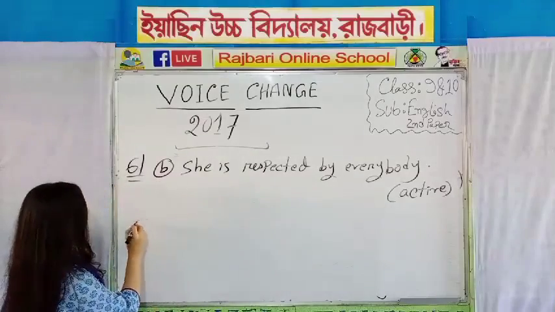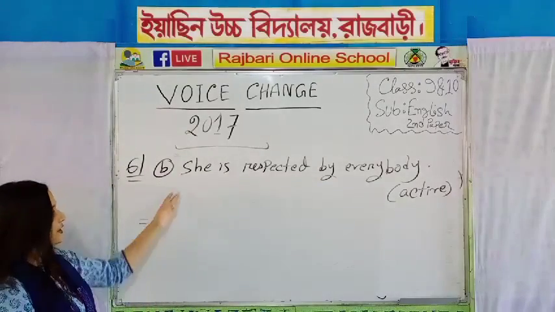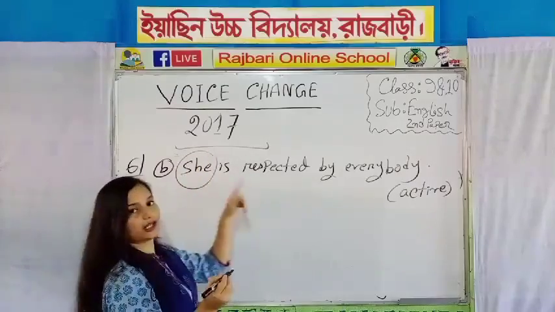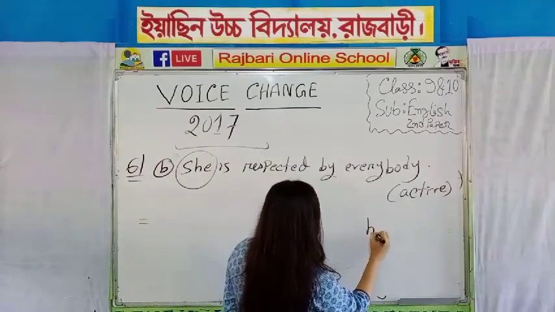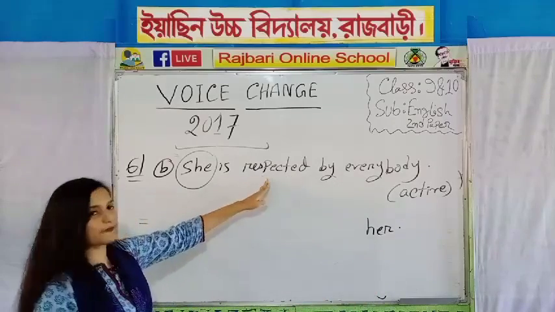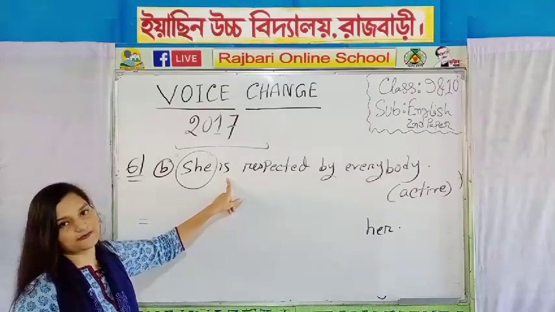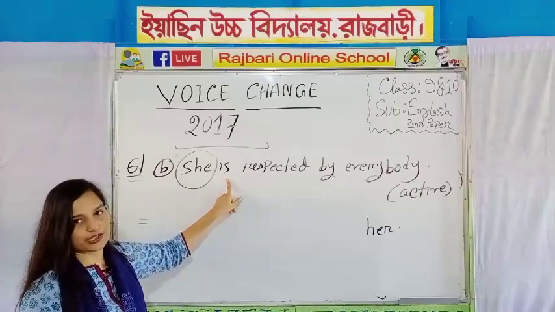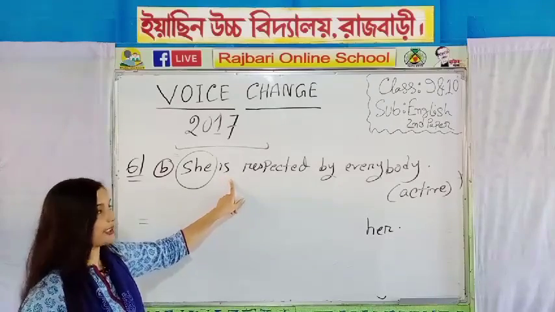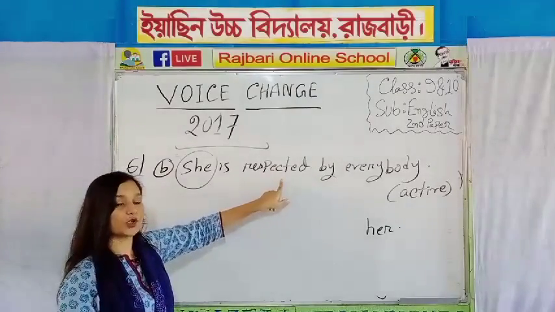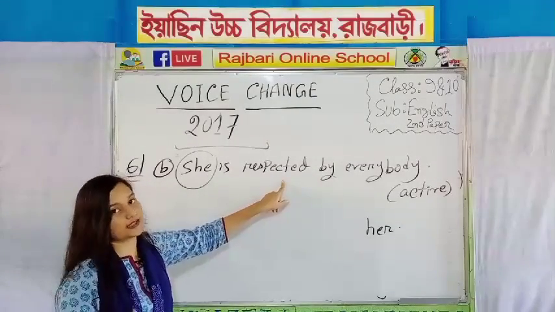Now again, following the same step, the first one is identifying the subject here. She will be her. Objective form. Is respected. Is present indefinite tense, right? For present indefinite tense, we bring auxiliary verb am is are. So here it is present indefinite tense. So we have to make this main verb or principal verb into present indefinite tense.